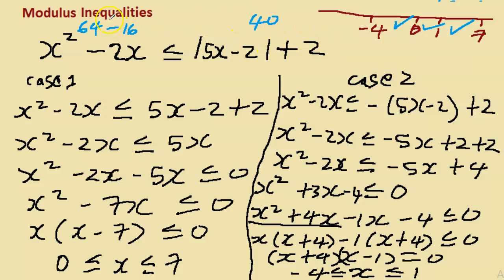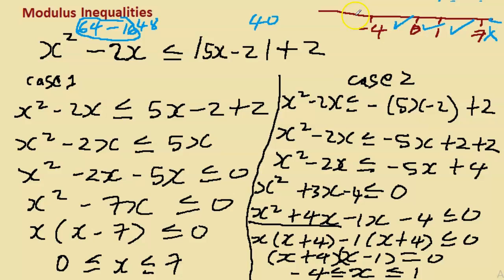Now what is 64 minus 16? That's 48. Is 48 less than 40? No, it is not. So any value above the 7 will not satisfy the inequality.